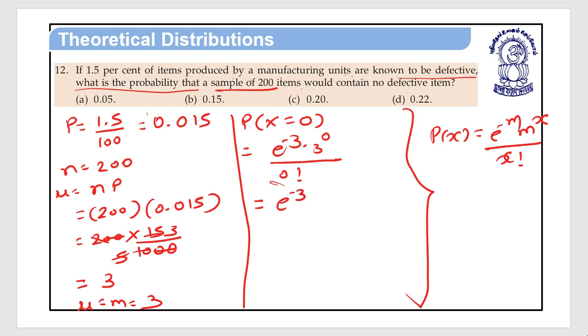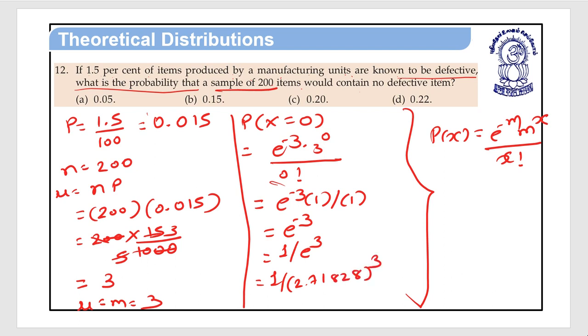So e raised to minus 3 into 1 by 1, which is e raised to minus 3, equal to 1 by e cube, or 1 upon 2.71828 cube, which is 0.04978.